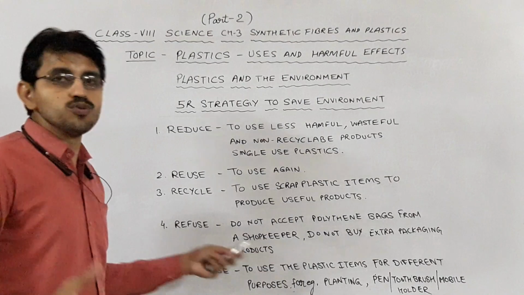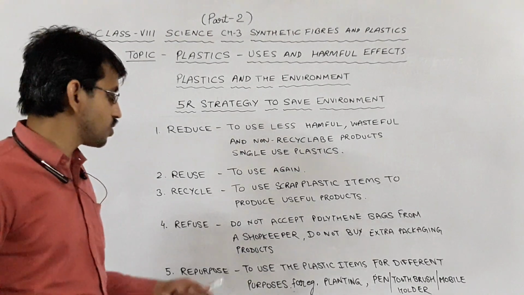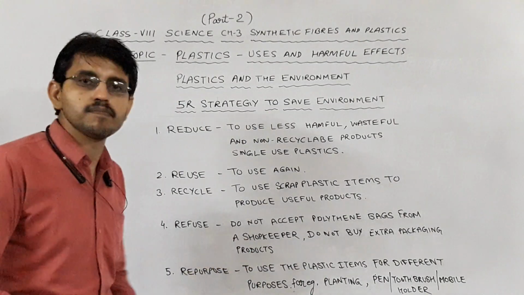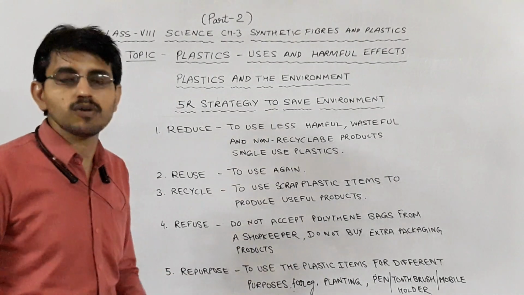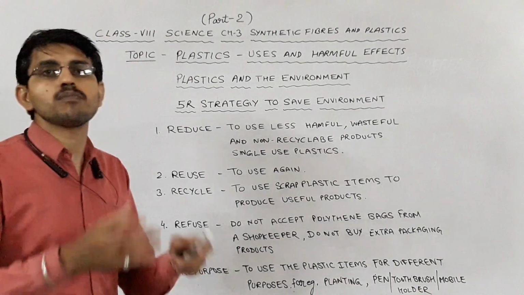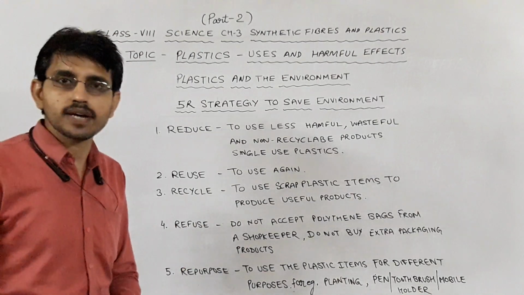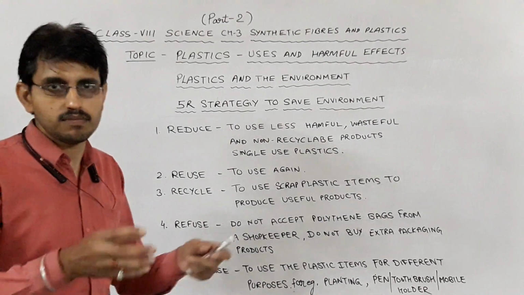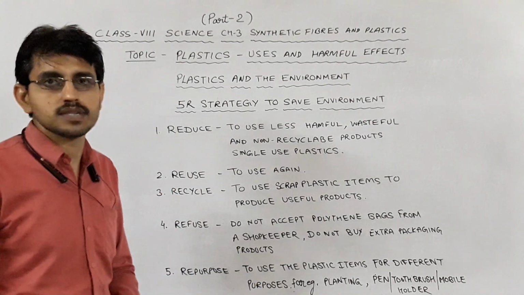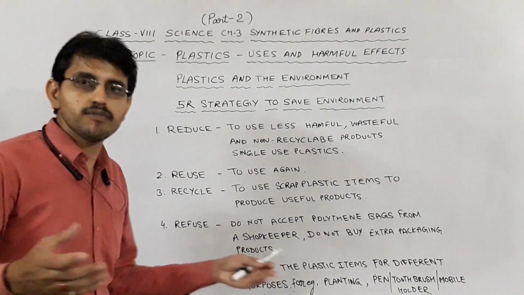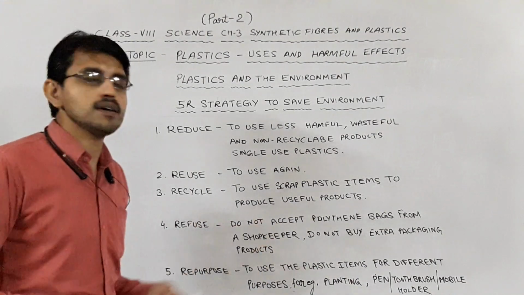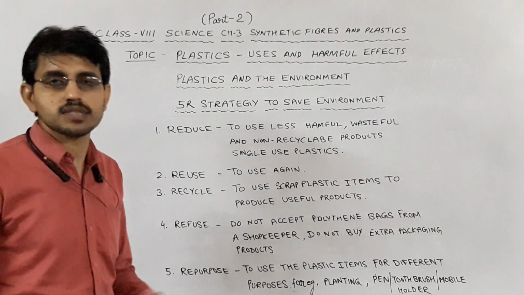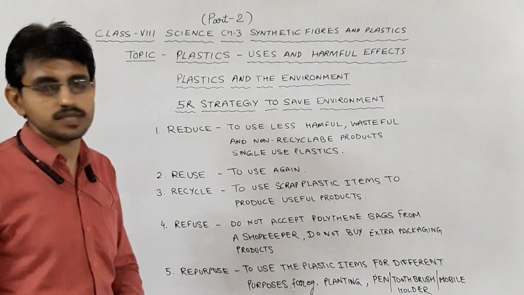Another strategy is refuse. Refuse means do not accept the polythene bags from the shopkeeper. Even if it is being offered, you refuse and take your jute, cloth or paper bags from home and bring the items from the shopkeeper in those bags. If everyone starts refusing polythene bags, then obviously the shopkeeper would stop giving products in polythene.